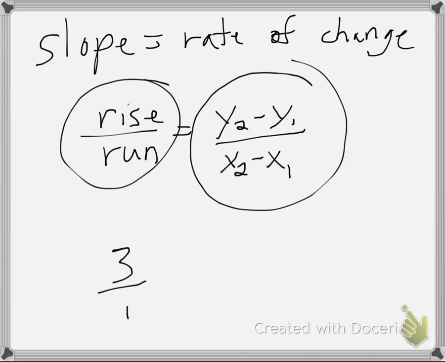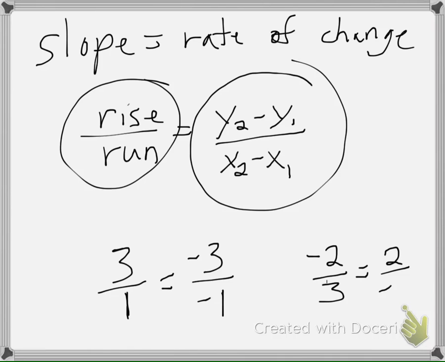Also remember, a positive slope is the same thing as a negative rise over a negative run. And a negative slope can mean a rise of -2 and a run of 3, or it could be a rise of +2 and a run of -3. If it's negative, either the top or the bottom is negative.